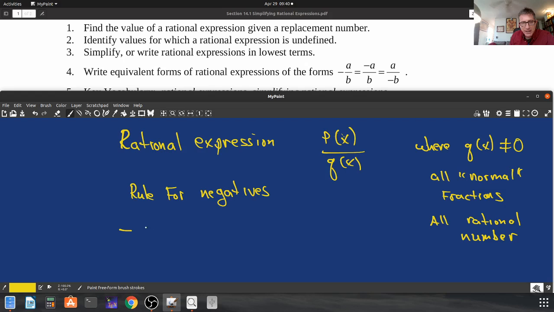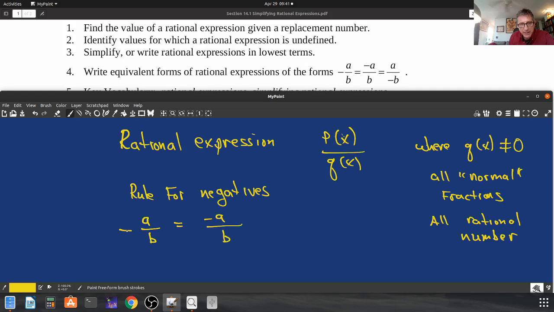So minus a divided by b, where this is a rational expression. So you can consider a as a possible polynomial and b is a non-zero polynomial. So that is the additive inverse of a divided by b. But that's the same thing as minus a over b.